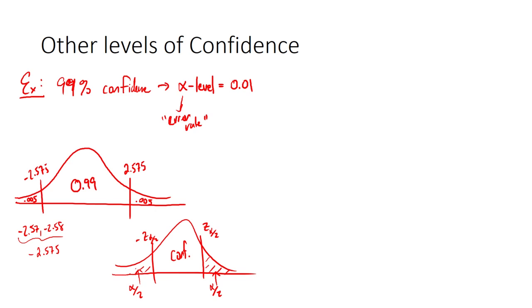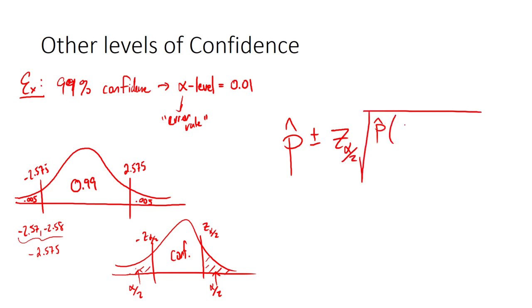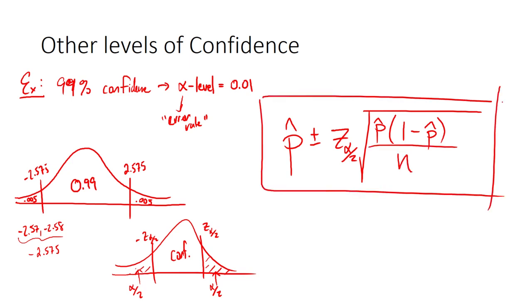So the general confidence interval formula is p hat plus or minus a Z multiplier times that standard deviation piece, and then that Z value just gets swapped out depending on the confidence level that you want to work with. And there are some common ones.